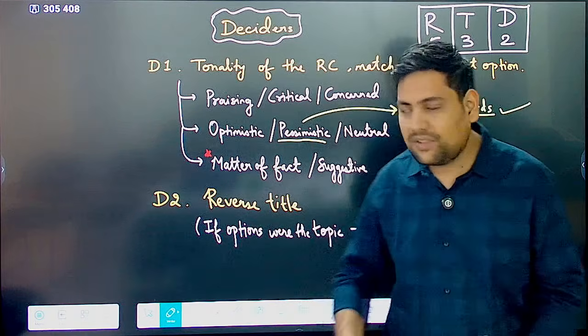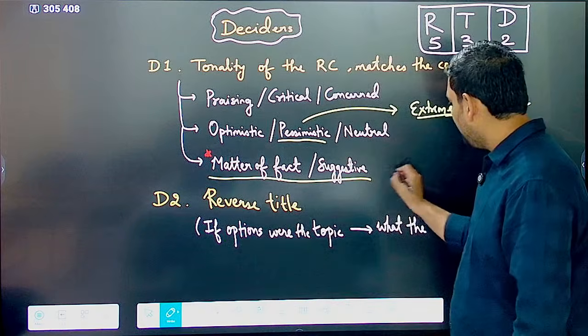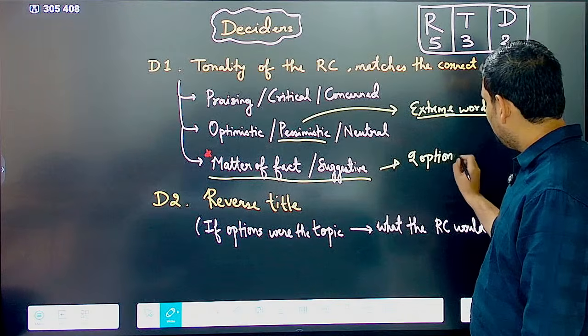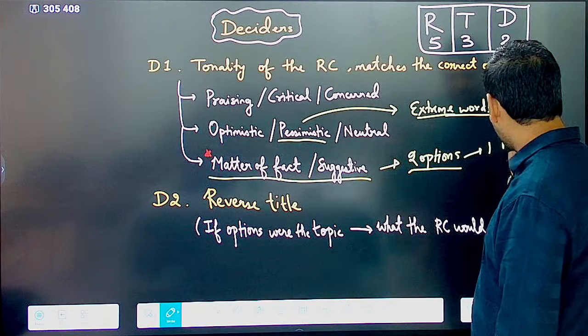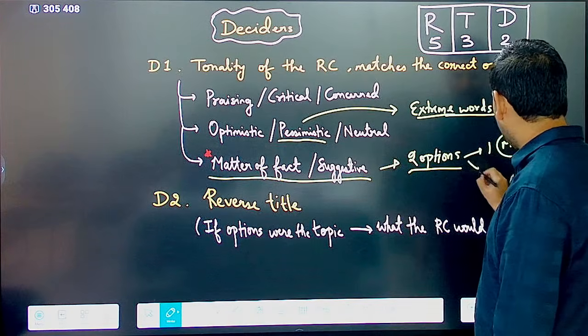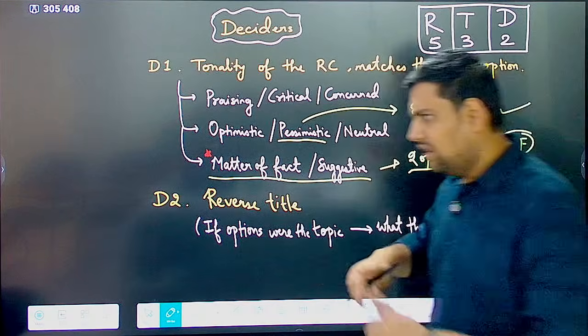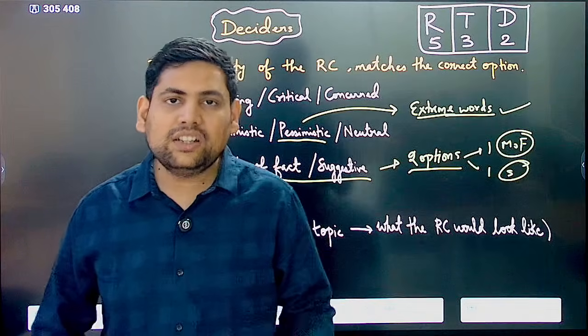This is suggestive in nature. This differentiation helps a lot. Why? Because you will find in many questions, if you are confused in the last 2 options, you will find that one of them is actually matter of fact and one of them is actually suggestive. So then you can be very clear whether the author was giving suggestions or just stating the facts.